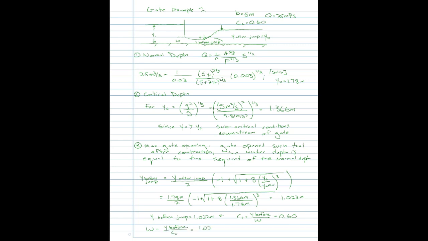So 1.022 meters divided by 0.60 gives 1.703 meters, which is the maximum that we can open up the gate. If we open the gate less than this, the jump will run away from the gate. If it's a small opening, it's going to jump up to a higher depth, and so it'll be further away from the gate. But if we open up the gate more than this, the jump is going to drown because the sequent depth will be less than the normal depth.